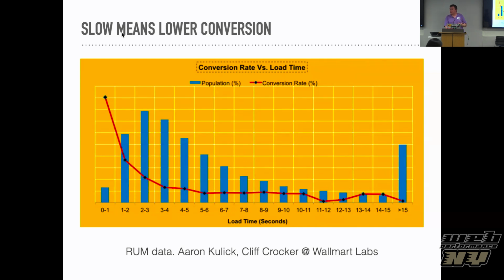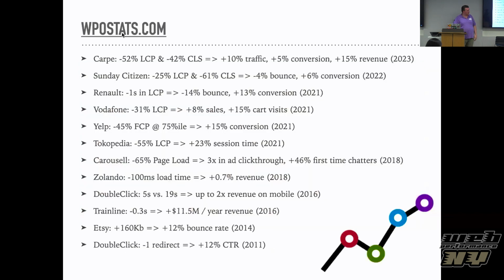So if you're talking to a person with a business degree, this is a very good metric, especially in e-commerce. It's not always e-commerce shops, so WPO Stats that I mentioned before collects a lot of these use cases. Definitely read up on all the use cases, especially for your industry.